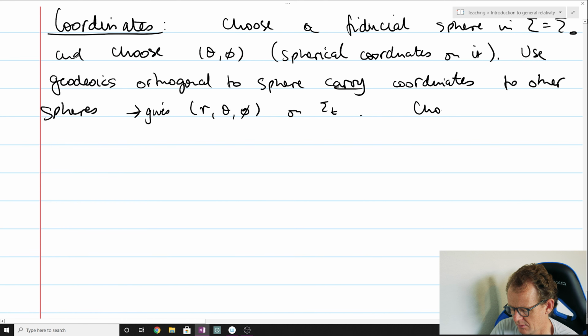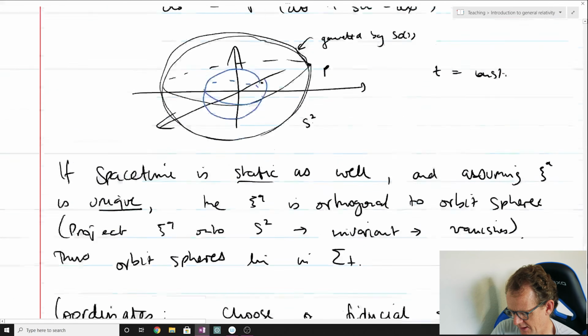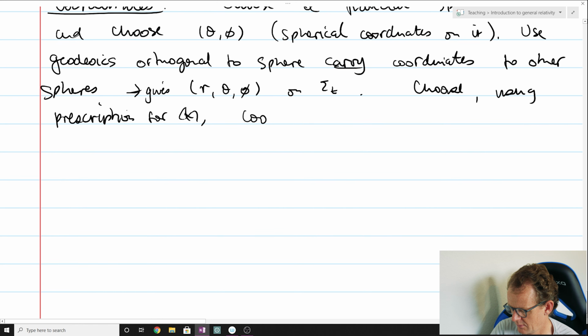And now, combining the coordinate system we have when we described the static universe, where the metric takes this very particular form here, star, with this new coordinate system we're building here, we're going to combine this to build coordinates on our full spacetime, labeled by t, r, theta, and phi.